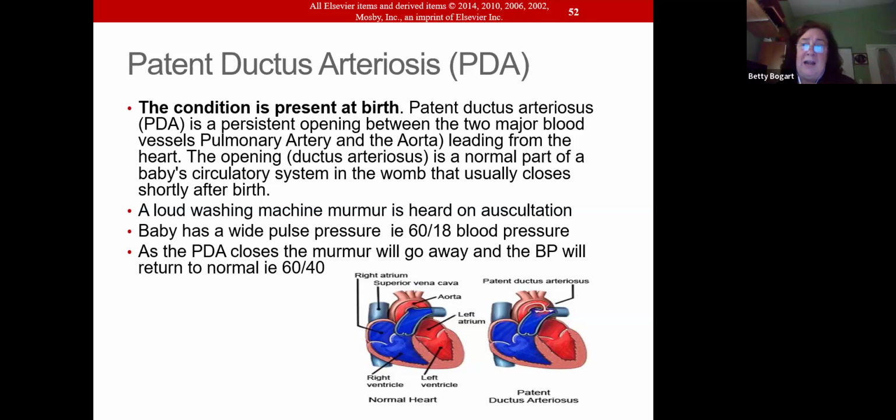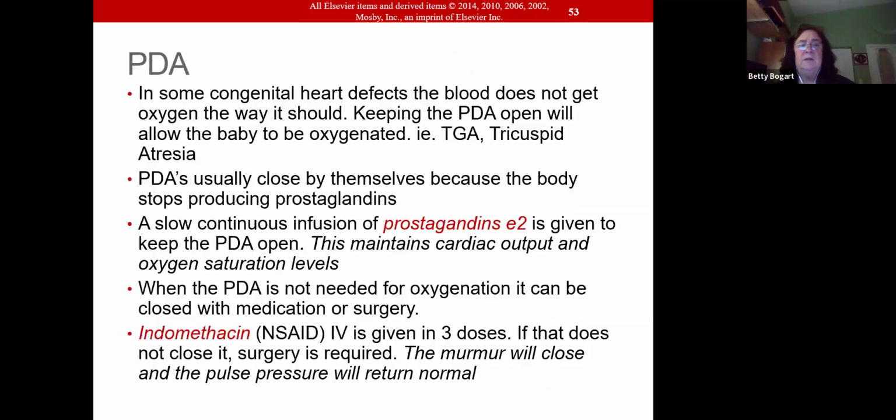Now, if you wanted it closed and we're giving medicines, that 18 is going to go back to 40 when it closes. So it's really fun to watch as you're giving this medicine and watching it close. And you're going to hear a washing machine loud murmur if you listen to the chest. So prostaglandins keeps it open because it maintains cardiac output and oxygen saturations.